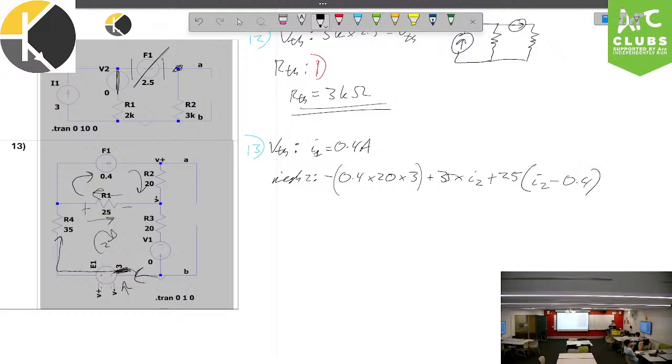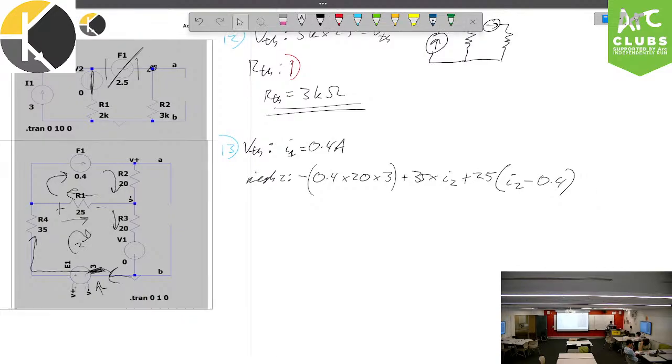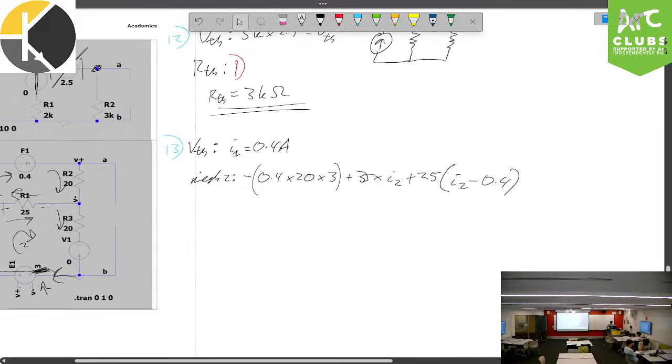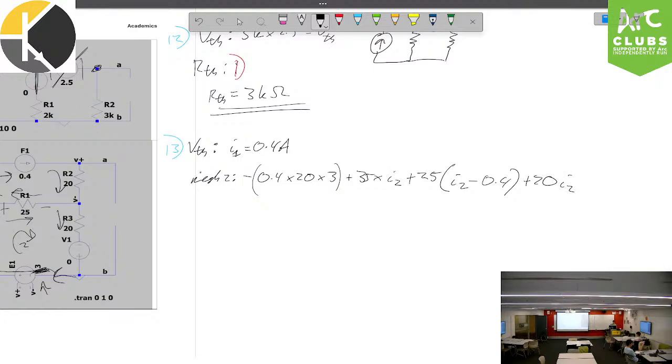This is the difference between the two sources, okay? This is how I get the voltage over this resistor. I continue. It is only part of one mesh, this 20 ohm resistor, so I say plus 20 I2, and then a 0 volt supply, which contributes nothing. This will sum to 0.